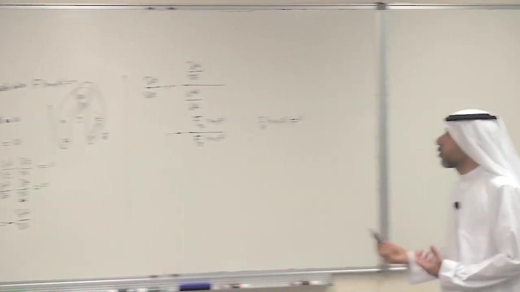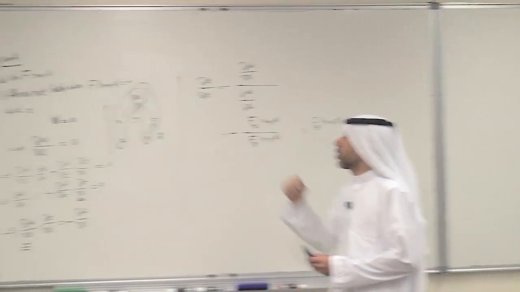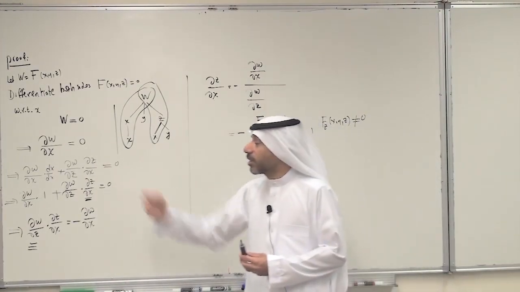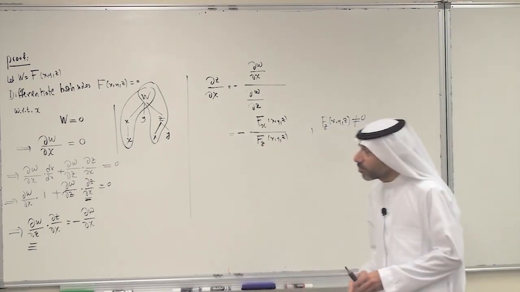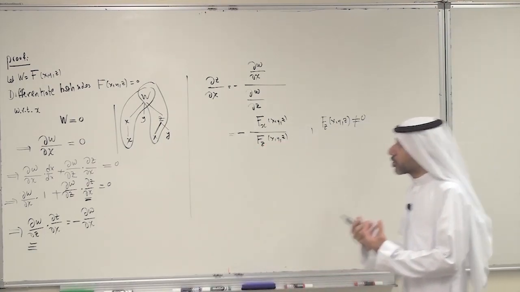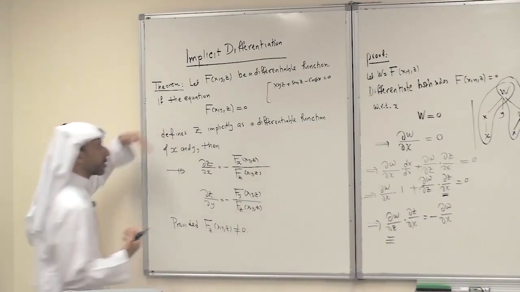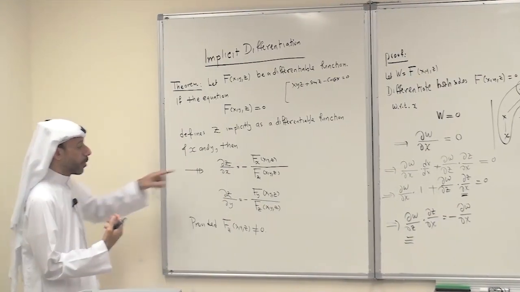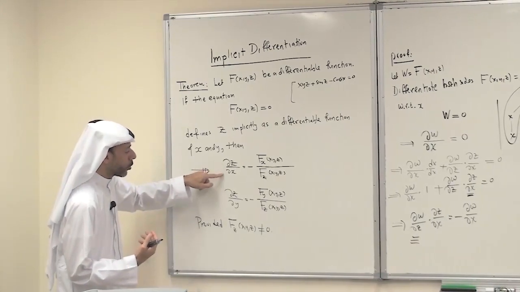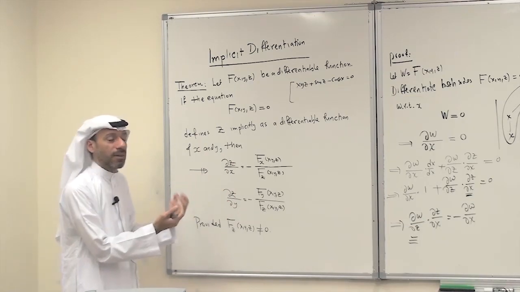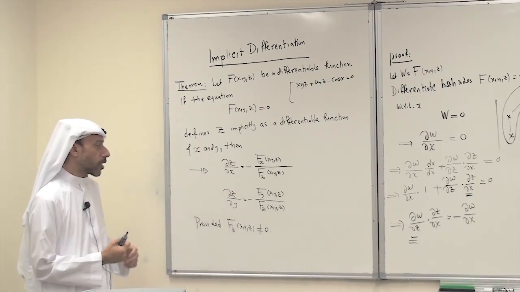So this is the formula for partial z, partial x. In a similar way, we can get the second formula. So if an equation defines z implicitly as a function of x and y, we can find the partial derivative of z with respect to x and with respect to y by a formula, a quick way to find the partial derivative.